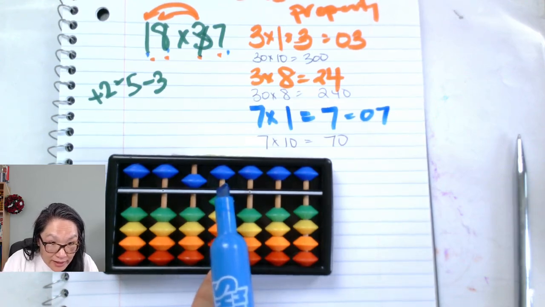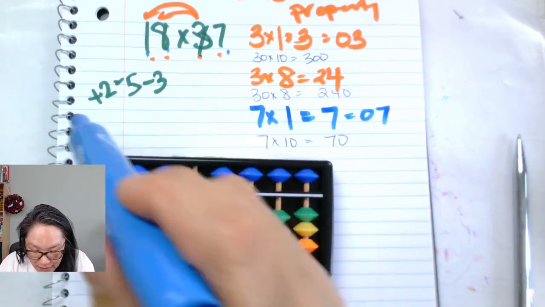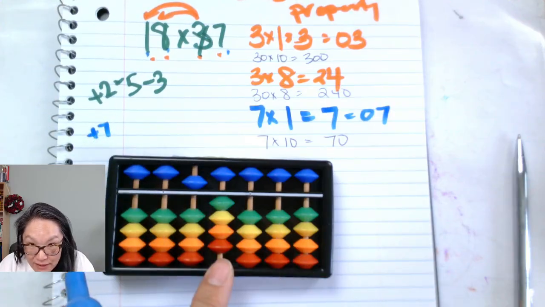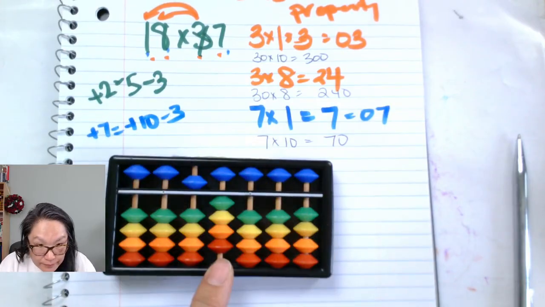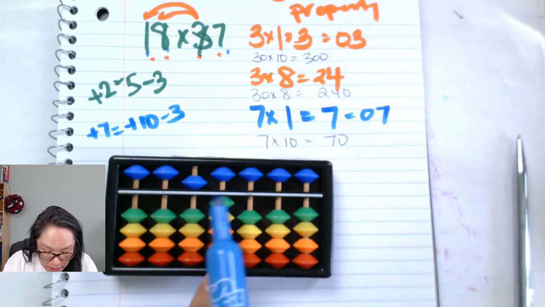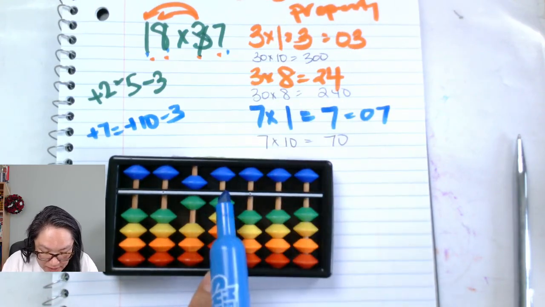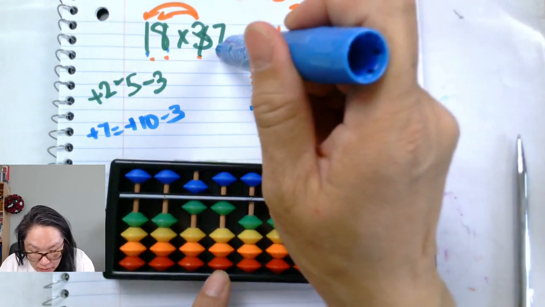How do I plus the 7? Plus the 7 is plus the 10 minus 3. Plus the 10, 1, 0. Plus the 10 minus the 3. Take away the 3.